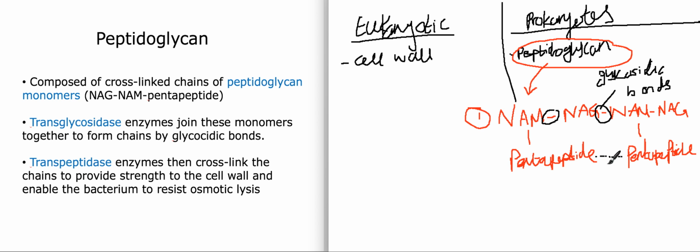This is the cross-linking, and this is catalyzed by the enzyme transpeptidase. So you can see here on the left, transglycosidase enzymes join these monomers together to form a chain by glycosidic bonds, and transpeptidase enzymes then cross-link.